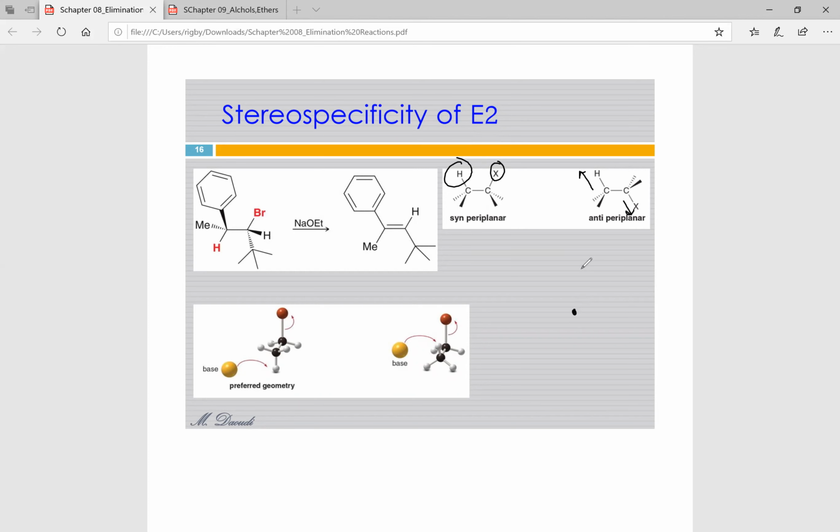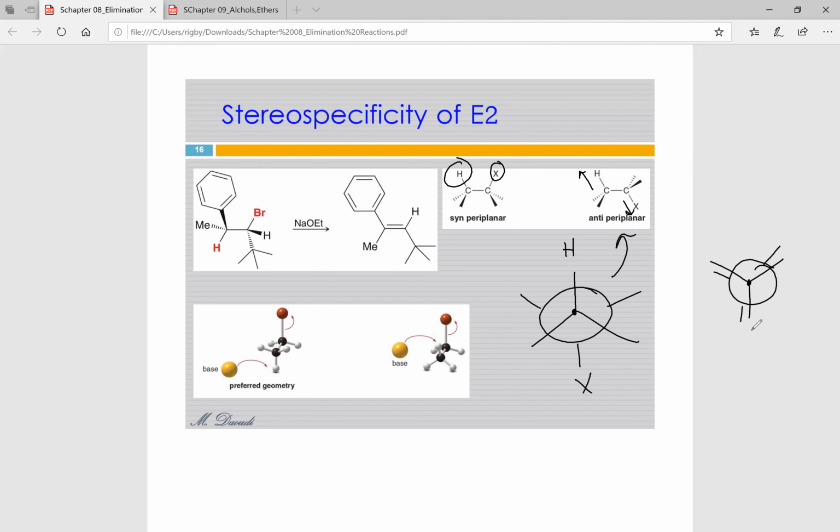If we looked at this in the Newman's projection, we would see it look like this. So here's our hydrogen, here's our leaving group, and this is the anti-periplanar, and this is what is preferred. For the syn-periplanar, if we did the Newman's projection here, it would be the eclipsed Newman projection, which again is not preferred because it's less stable.